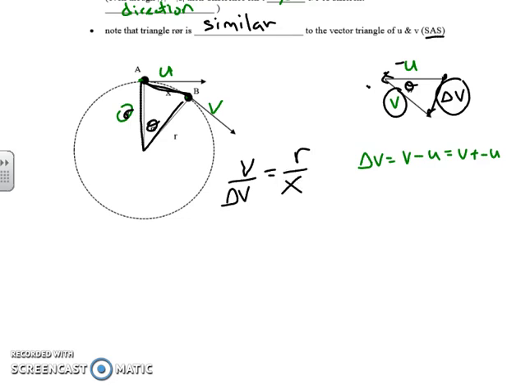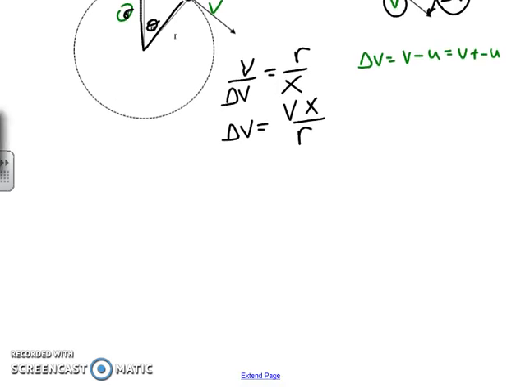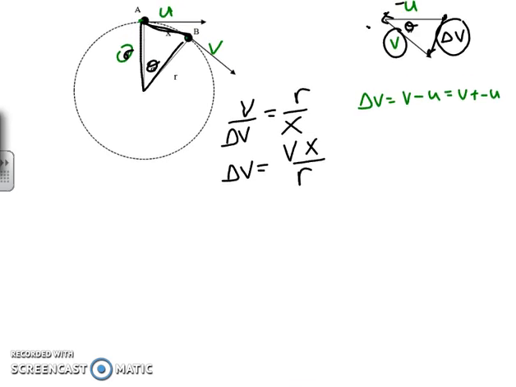So if we solve for delta v, because that's what we're really interested in to help us find acceleration, then we can say delta v, if we do a little rearranging, cross multiplying, is v times x all over r.